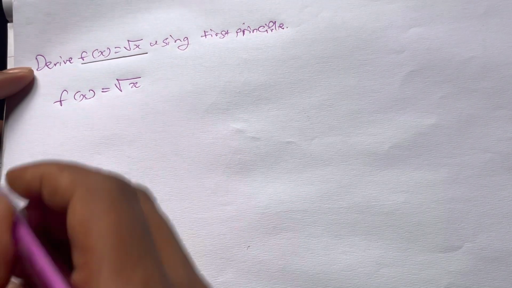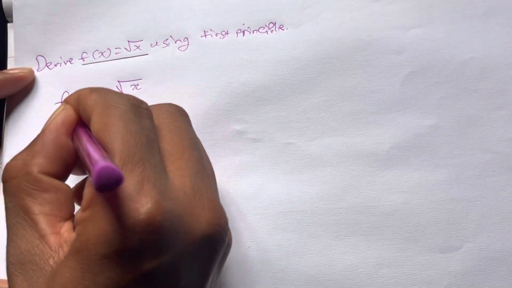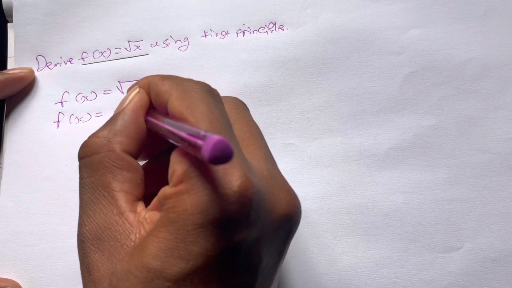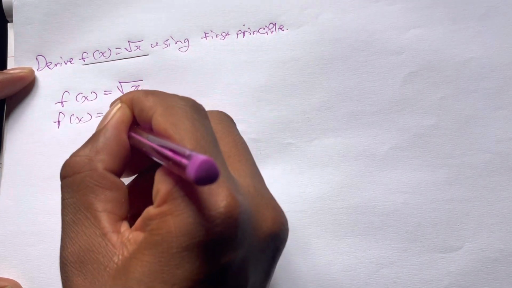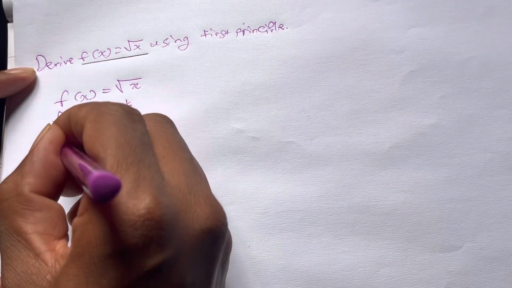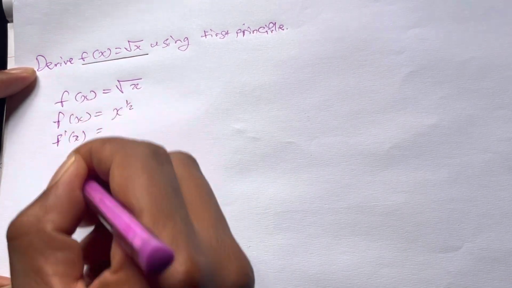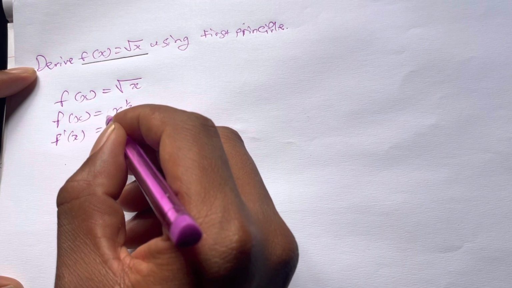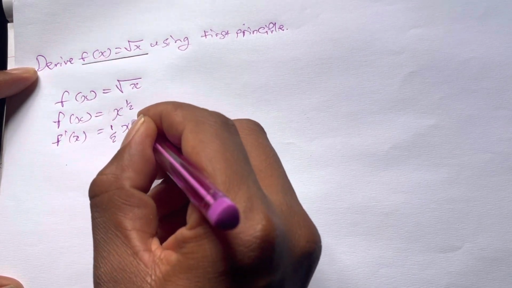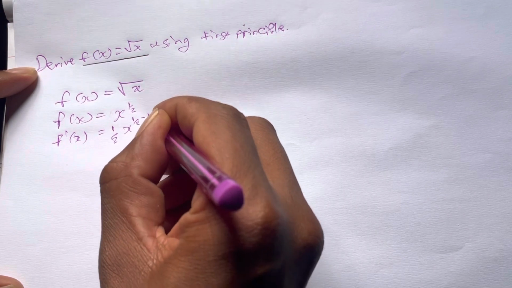So what we are going to do is, f of x equals the square root of x can be written as x exponent 1 over 2, which then, using the laws of derivatives, we are going to say f derivative of x. There we have 1 over 2 times 1 will be 1 over 2, x exponent 1 over 2 minus 1.